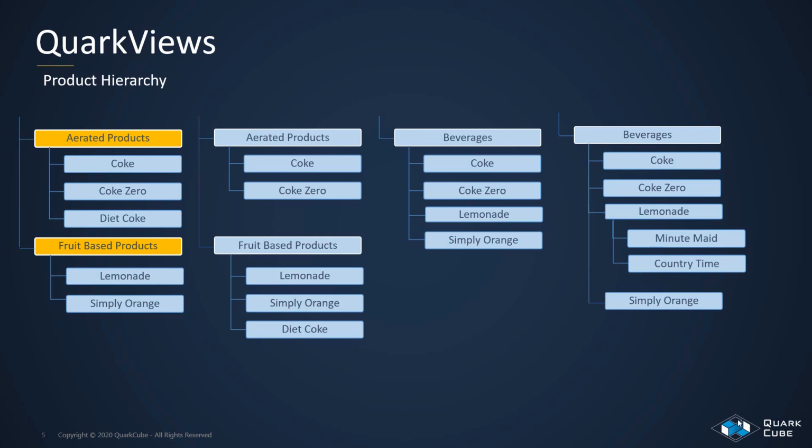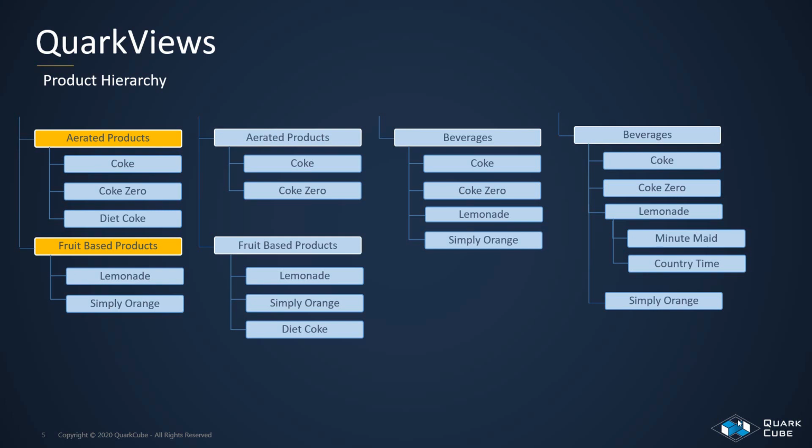So the aerated products parent has Coke, Coke Zero, and Diet Coke, while the fruit-based parent has lemonade and Simply Orange. When you try to analyze the sales numbers or the cost numbers, you will see the aggregation of these products against their parent, which is aerated products and then fruit-based products.